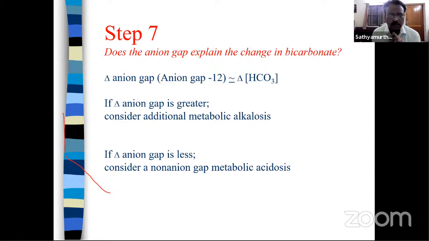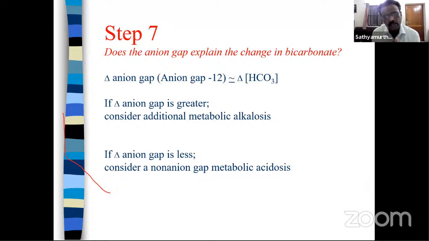So if the patient's change in anion gap is also 12, then I know this patient has purely high anion gap acidosis. If the delta anion gap is greater than this, then the patient might have some additional metabolic alkalosis.